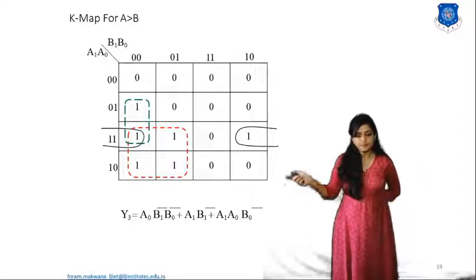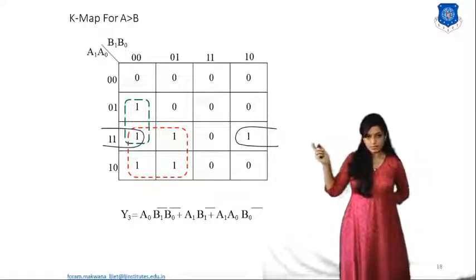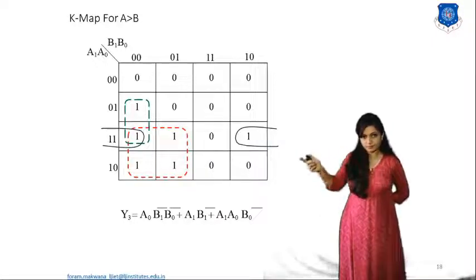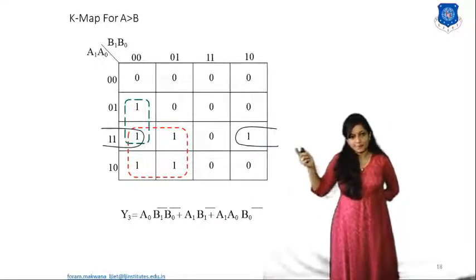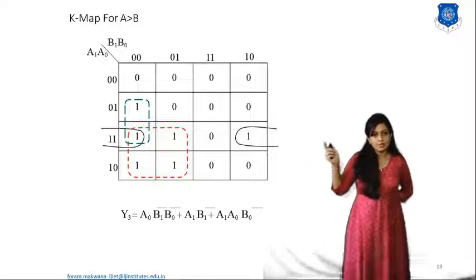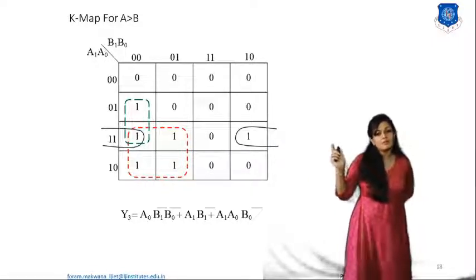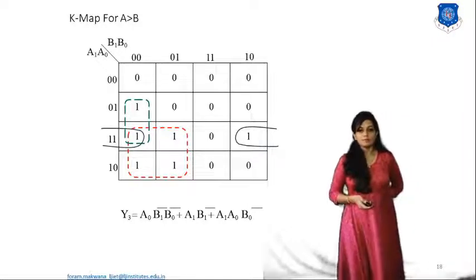And the last one, the green one. What is common row-wise? A0. Common column-wise? B1 bar, B0 bar.